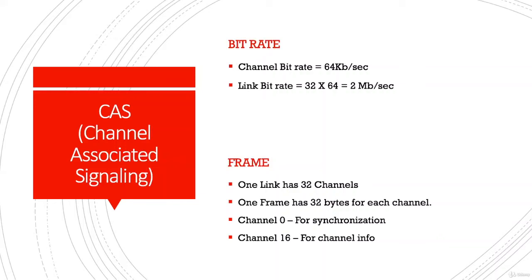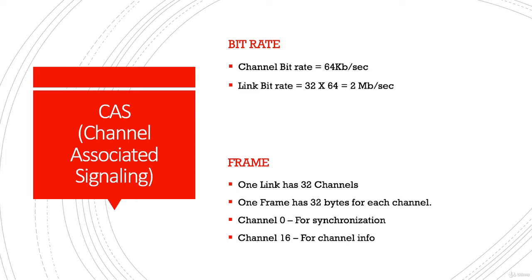For channel associated signaling, there are 32 channels in a single link, and in order to send a quality audio across the trunk, it requires a sampling rate such that each channel should be 64 kbps at least.